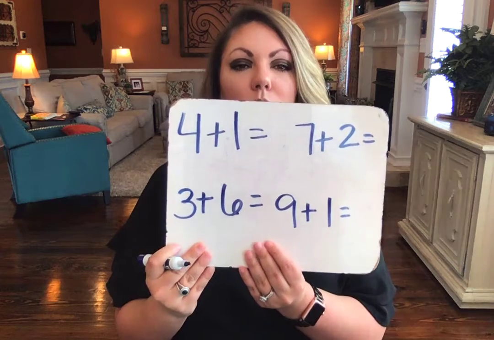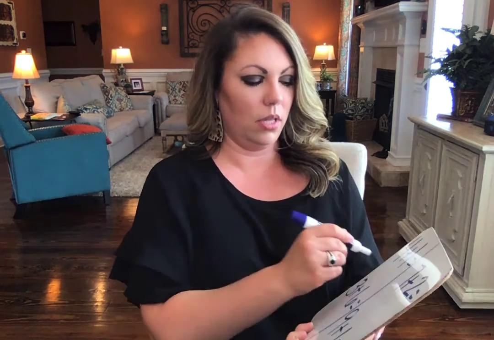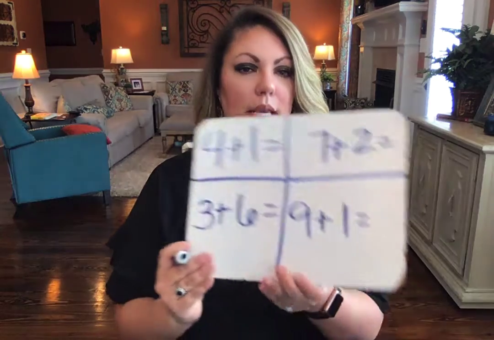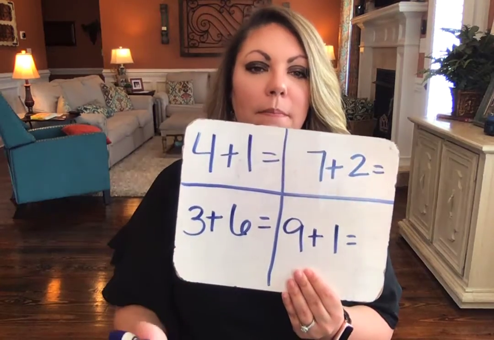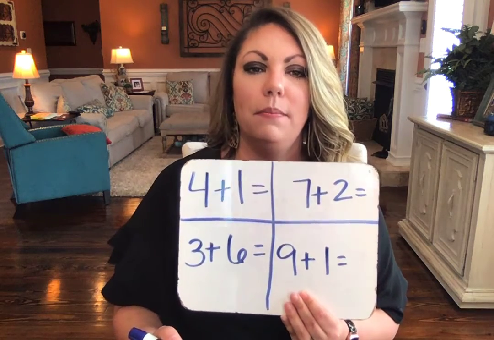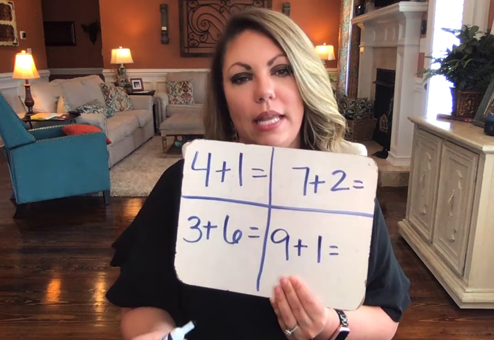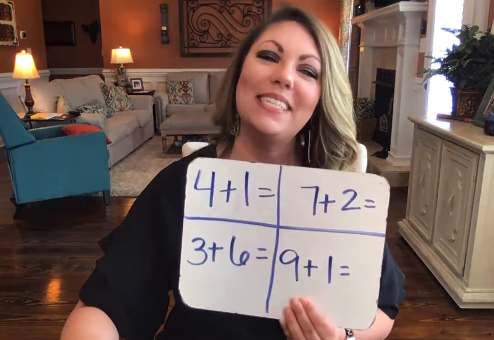Okay, so those are the problems. Here, and I'll draw a line so you can see those are the problems that you can have your child work out, and just check them and make sure that they are doing the correct strategy and they're getting the right answer. Okay, I hope this helps.